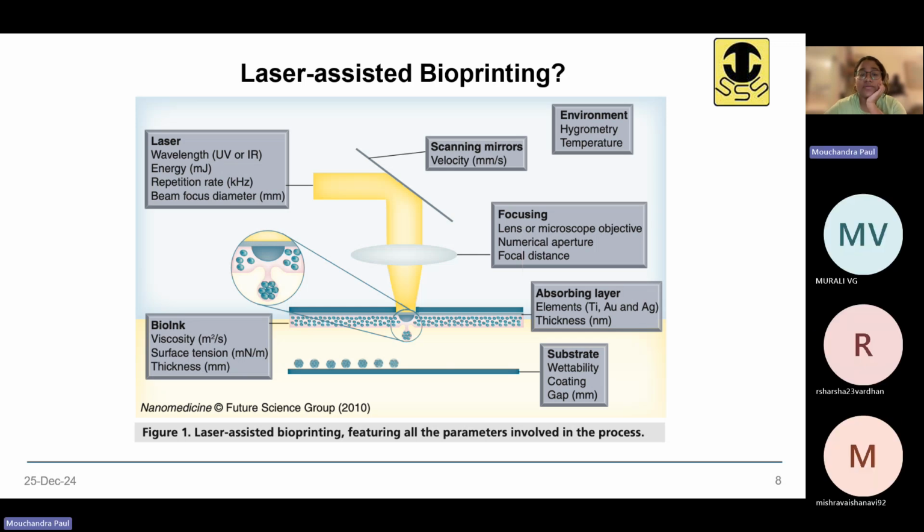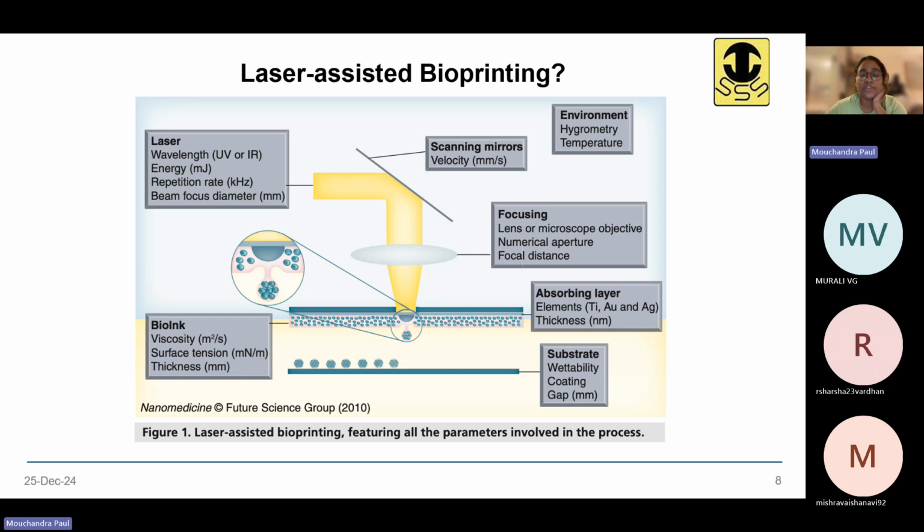It is necessary for droplet formation. I'll come to that point later, how and why you need it. And below this laser absorbing layer, there is a coating of bioink. This is also called a transfer layer. So this entire region is called the ribbon.